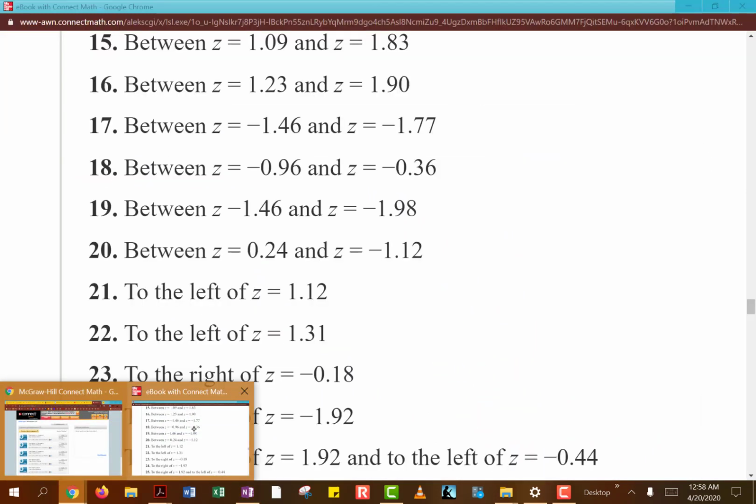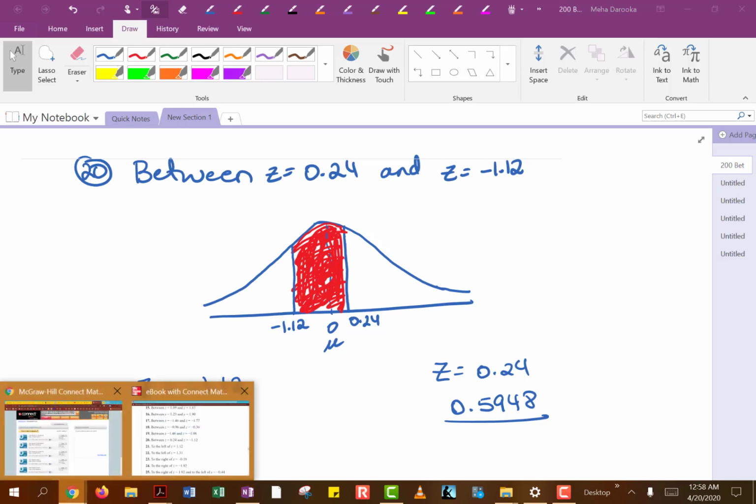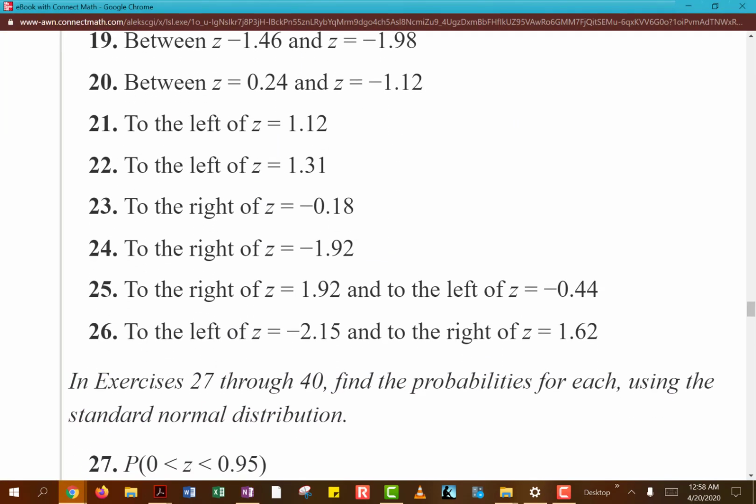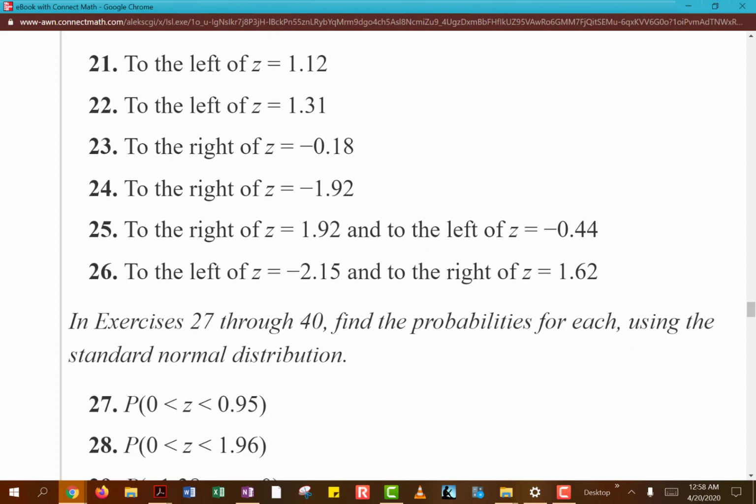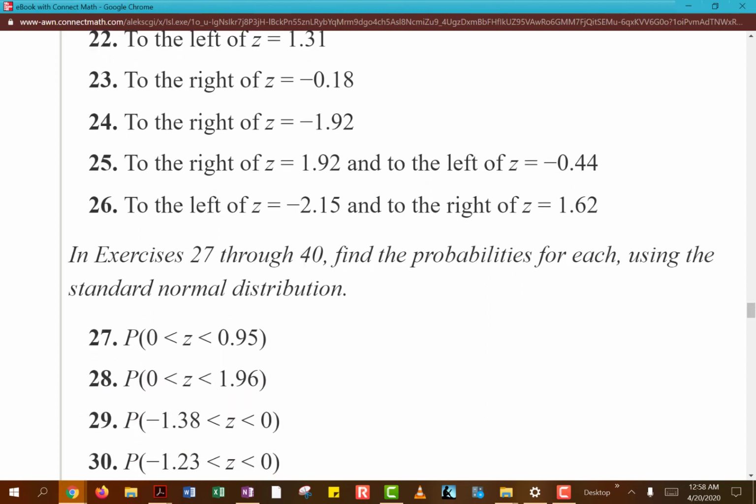Now, let's look at our next example. I wanted to look at one more over here, and we're going to be doing number 26. So they want to know what is the total area which will be to the left of the z-score of negative 2.15 and to the right of 1.62.